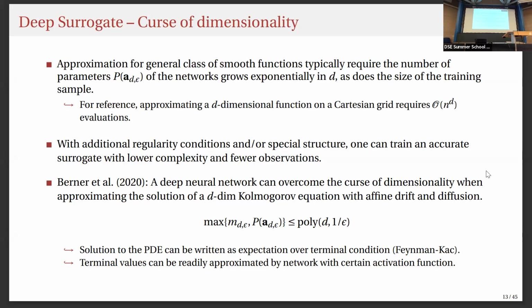Well, but here comes a little bit better news. The better news is that with additional regularity assumptions on these functions, typically having to do with imposing further smoothness of the function family f, as well as potentially imposing some special structure, such as being embedded in a particular way, a hierarchical structure, again mimicking the hierarchical structure that you saw in the neural networks, then you can get the surrogate to give accurate approximation with potentially substantially lower complexity as well as fewer observations.